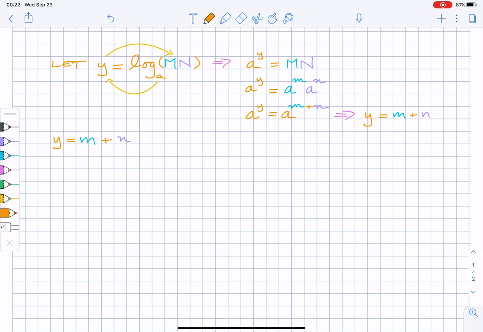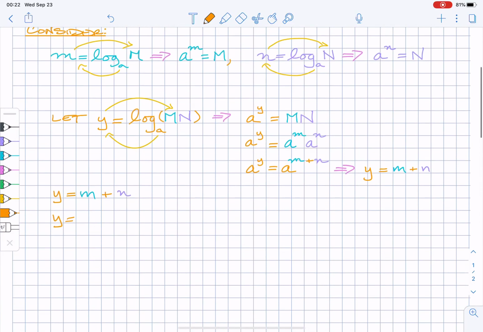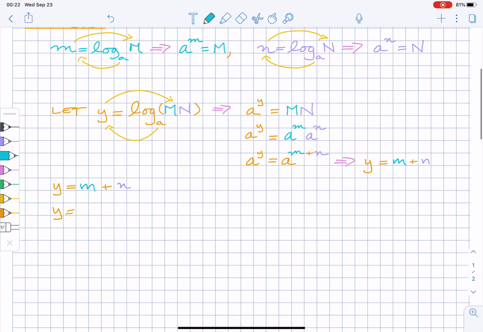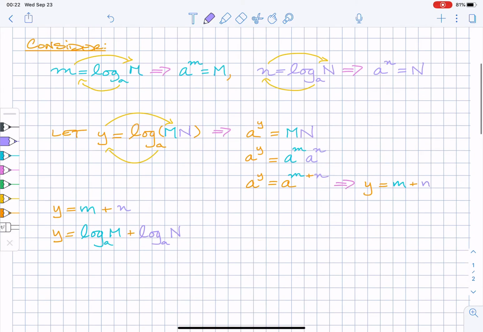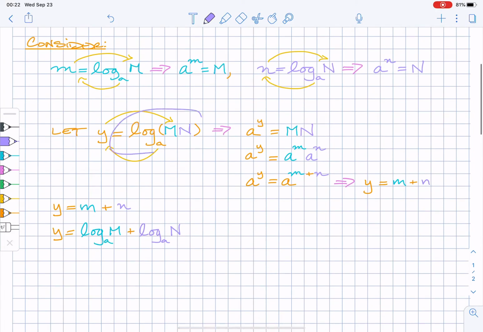Well, that means that y is equal to, what was little m? It was log base a of capital M, to which we're adding what was little n? It was log base a of capital N. Okay, so that's what we have for y, but what was y?